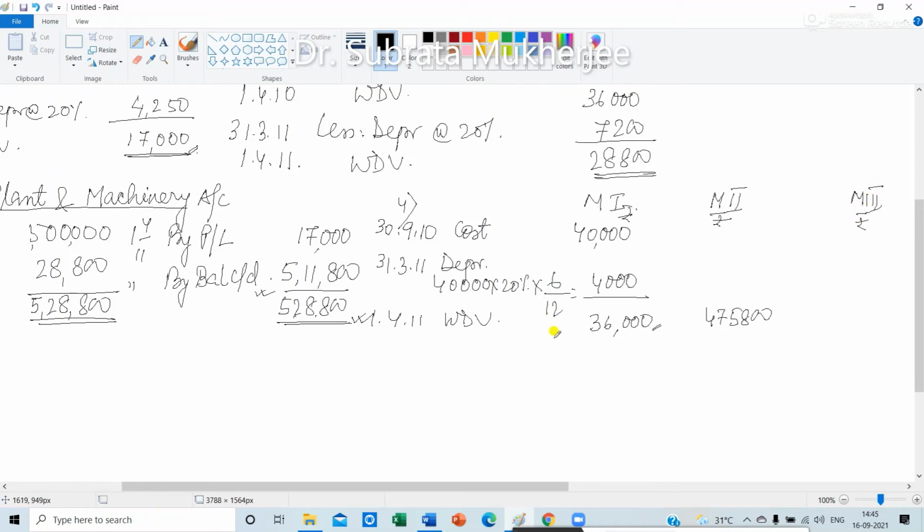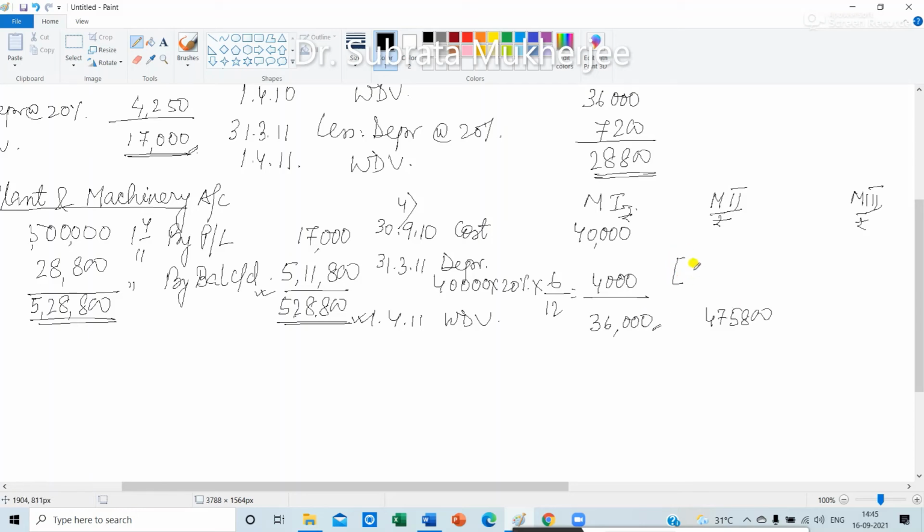So the written down value as on 1st April 2011 for M1 is 36,000 that I have calculated. This plant was purchased on 30th September 2010, so cost less depreciation gives written down value. The remaining figure is for M2.